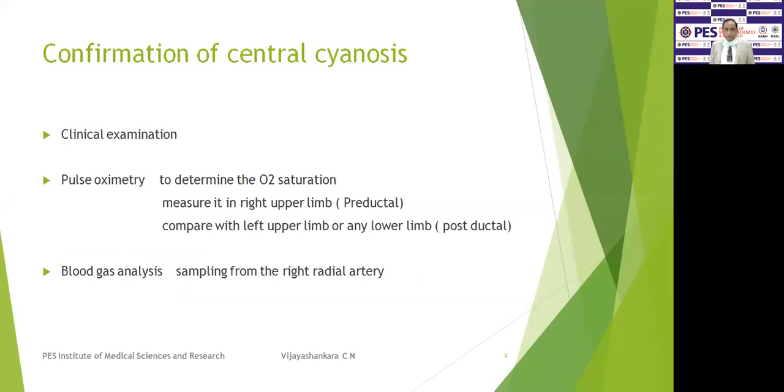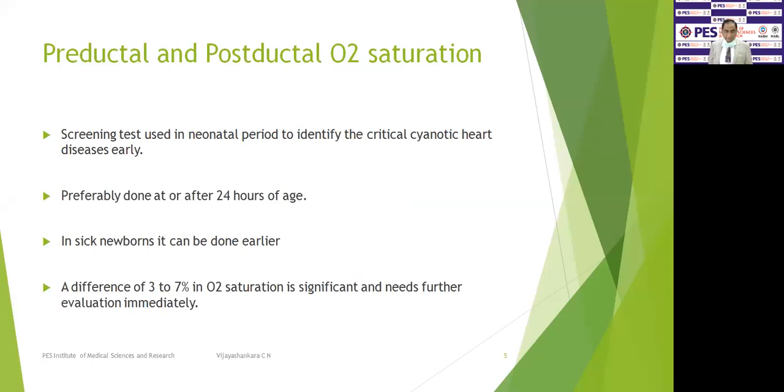Usually you measure it in the right upper limb, that is a preductal area, and compare with the left upper limb and any lower limb. Then you do a blood gas analysis, usually sampling from the right radial artery. A low SpO2 or low PO2 is the hallmark of central cyanosis.